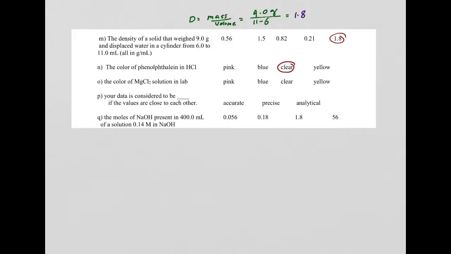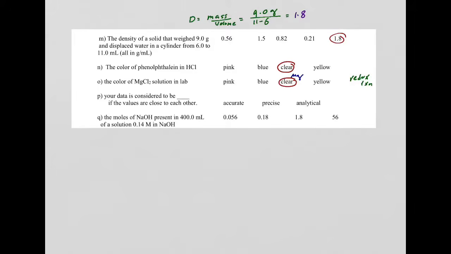The color of MgCl2 solution in lab. If you remember, the color of MgCl2 solution in lab was clear. So the Mg in lab was clear. And sometimes you can use the color to figure out what you have. You had a redox lab, I think, where you do this, and you had to figure out the bottle and match up the bottle.